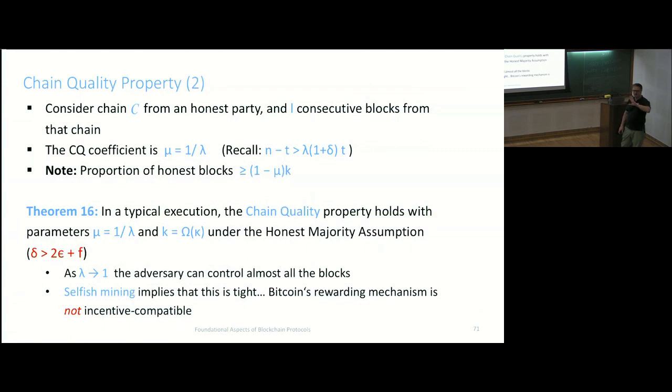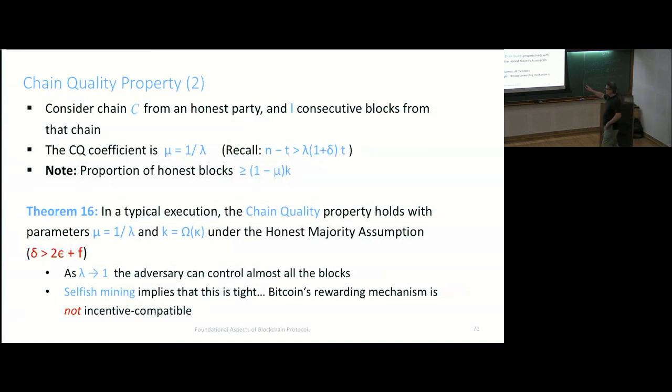So we want lambda to be, say, 10 to 1, right? In which case we have a majority. But if lambda goes to 1, then this mu goes to 1. So meaning in the very bad worst case, the adversary is going to be able to insert all the blocks.